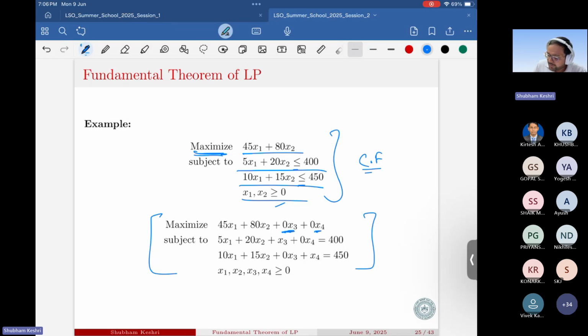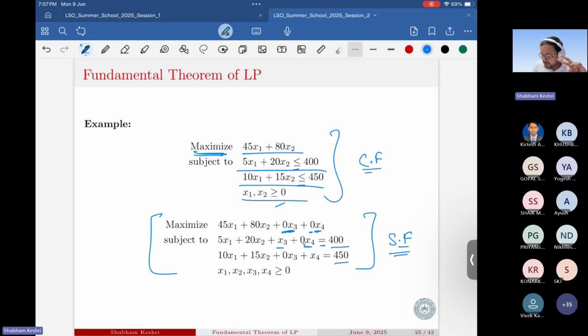So this I have written as 0x3 plus 0x4. In constraint 1, x3 has a multiplier of 1 and x4 has a multiplier of 0, and this inequality becomes equality. So this is the standard form. Now what do we have to do? You see, there are two equations.